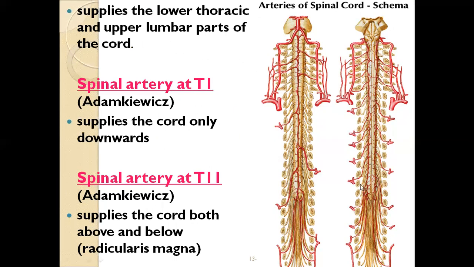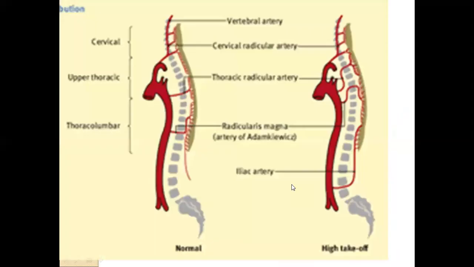Now supplies the lower thoracic and upper lumbar parts of the cord. Then spinal artery at L1, T1, Adamkiewicz, supplies the cord only downwards. Then spinal artery at T11, so again Adamkiewicz, supplies the cord both above and below. You call this as radicularis magna.